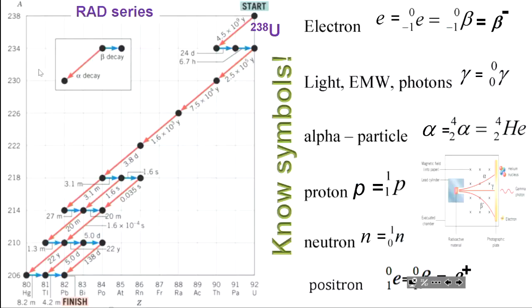So we need to know those definitions. Historically, beta represents an electron or an anti-electron, which is also called a positron. A positron is a positive particle which has exactly the same mass as the electron, but if an electron and a positron collide, an explosion happens, they disappear, they turn into light.